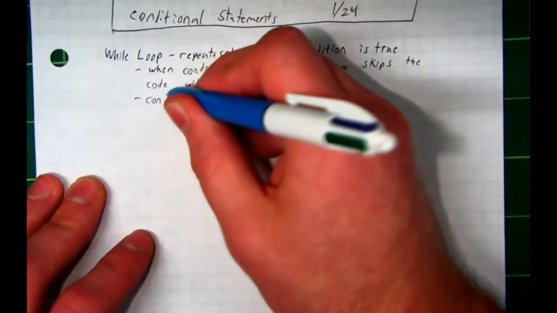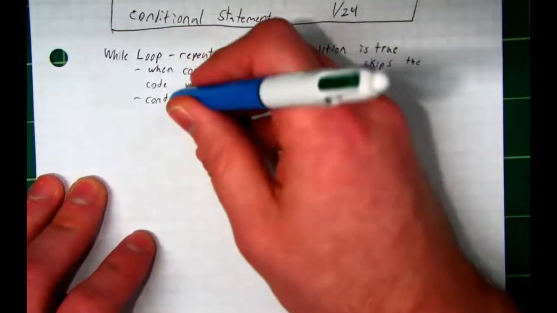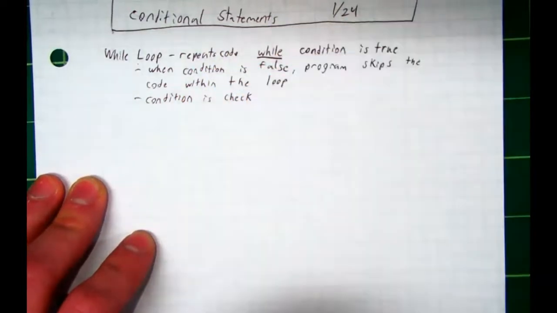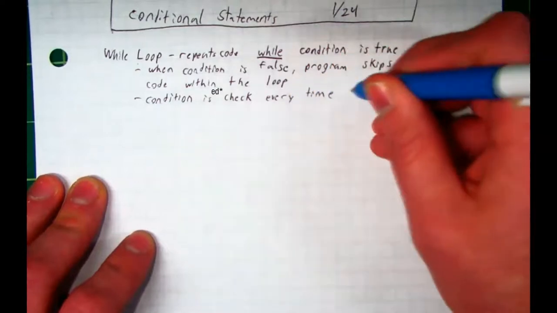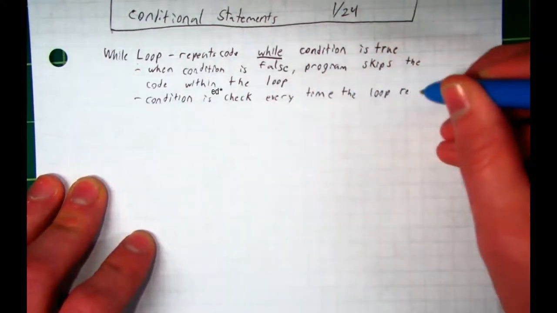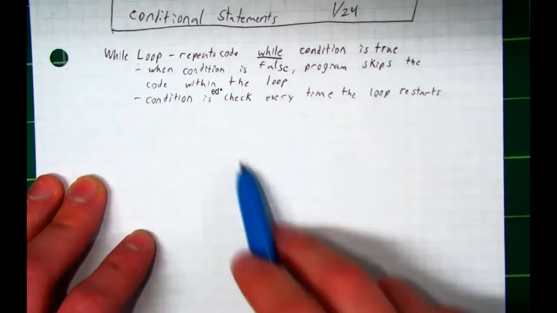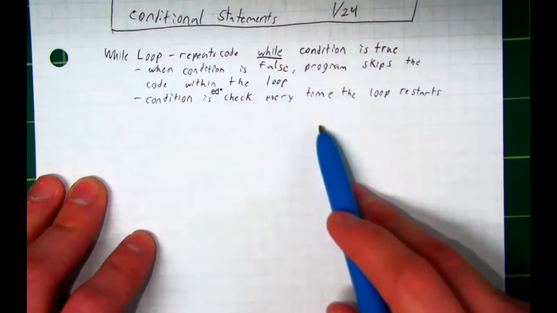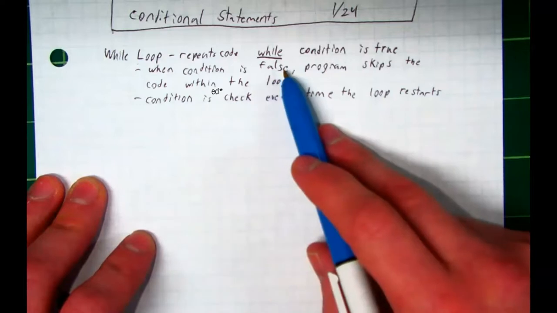The while loop condition that's stated in your code is checked every time the loop restarts. And what we mean is, it only checks it at the beginning of the loop. So the while loop statement is checked, and then it runs the code. It will not check again until the end.